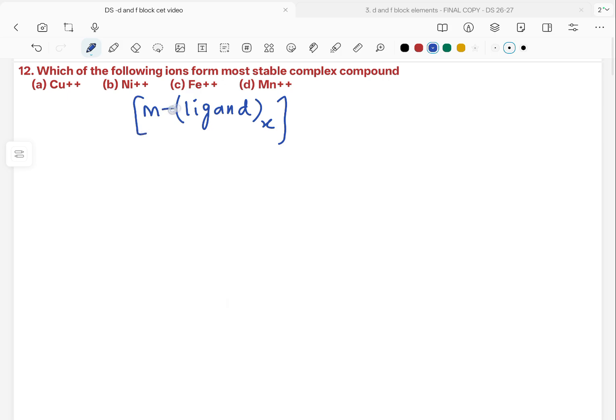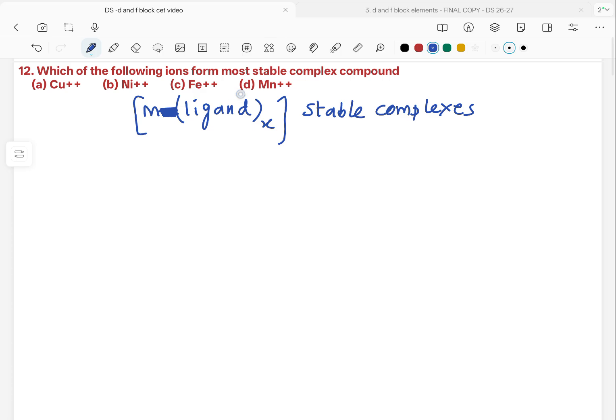If metal makes a strong bonding with the ligand, then those complexes are called as stable complexes. Now our question is, which of these divalent ions will form a strong bonding with ligand? We have to figure out.